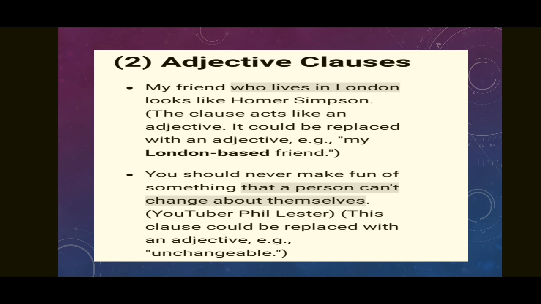Coming to adjective clause. This is also a dependent clause introduced by a relative pronoun: that, which, whichever, who, whoever, whom, whomever, whose, and of which.